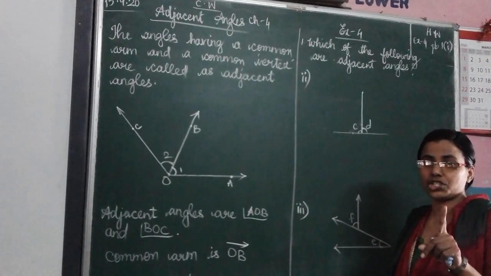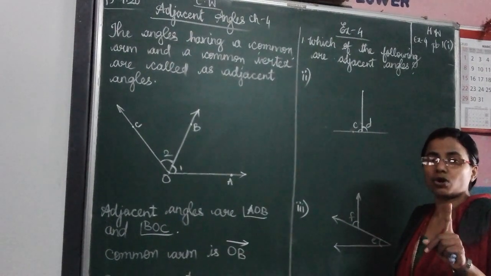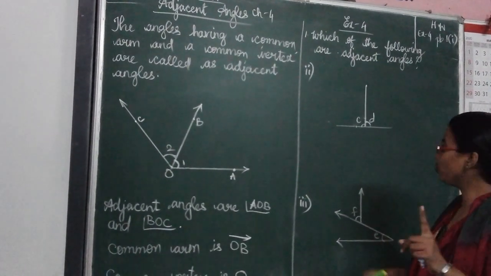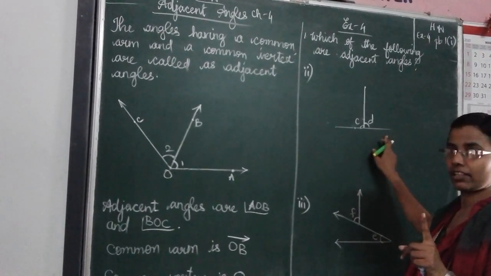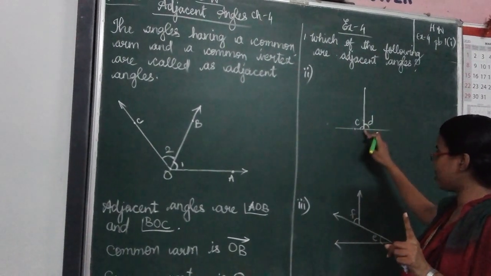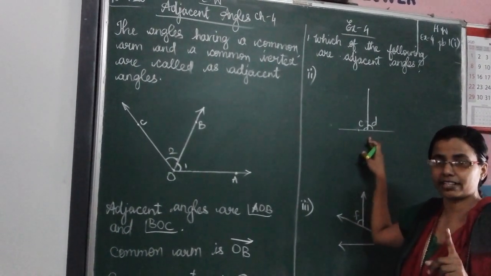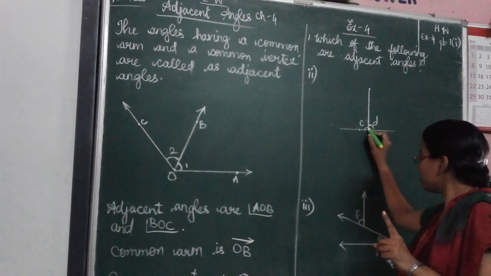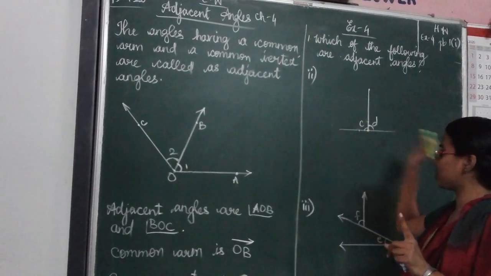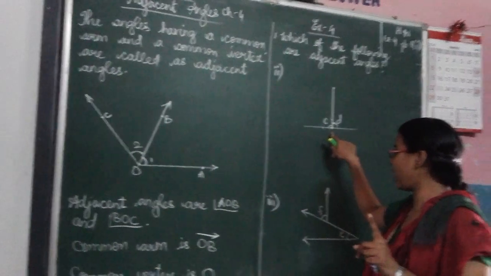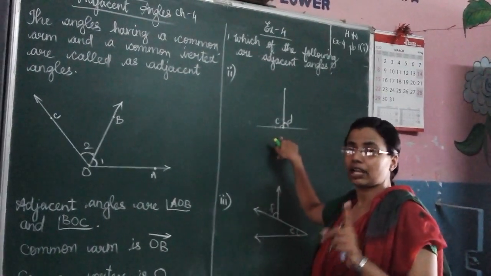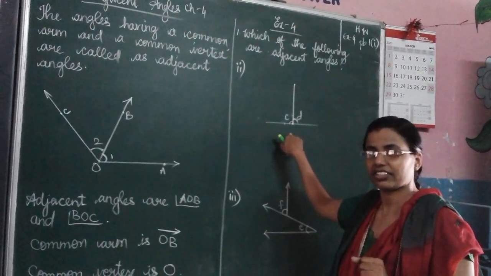The first condition is they should have a common arm. Do they have a common arm? Yes. This is the common arm. Now do they have a common vertex? Yes. This is the common vertex which the two angles have. So do they form adjacent angles? Yes.